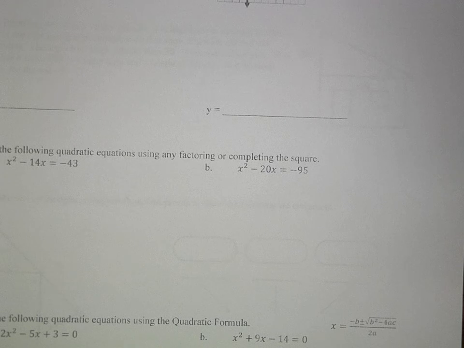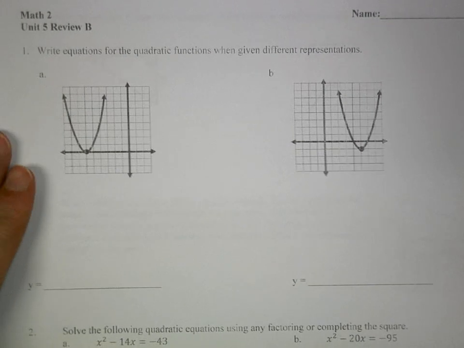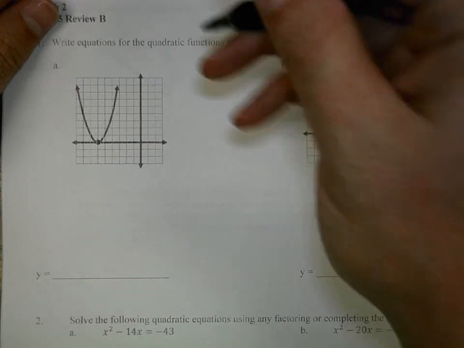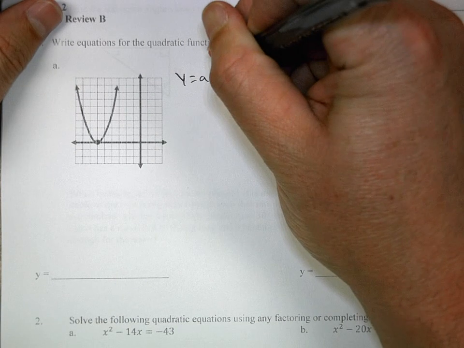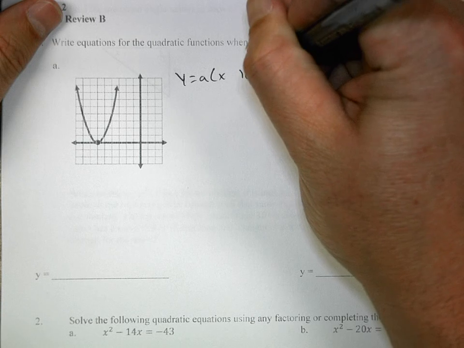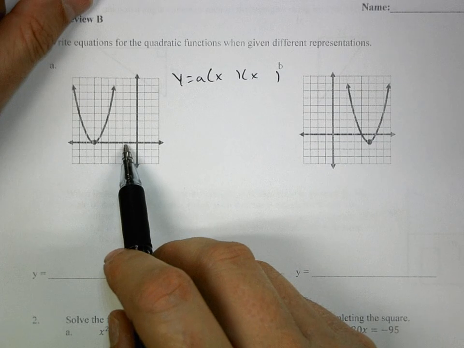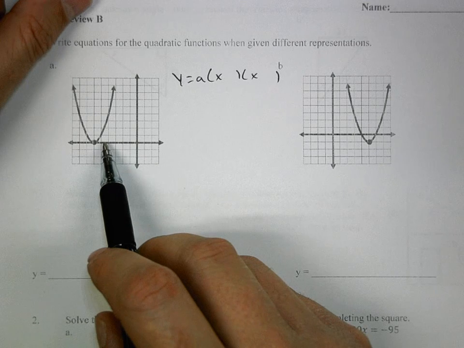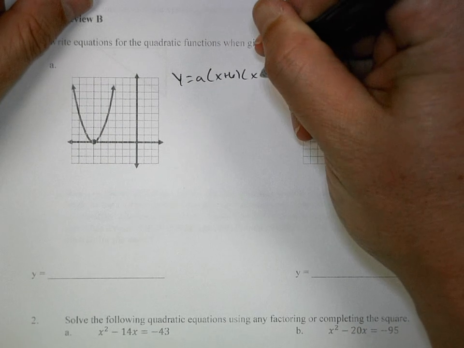Okay. To write the equation for the functions. So the equation looks like y equals a with x in parentheses, and we need to get the intercepts. We have an intercept of negative 6. So that's going to be a plus 6 inside each of these.